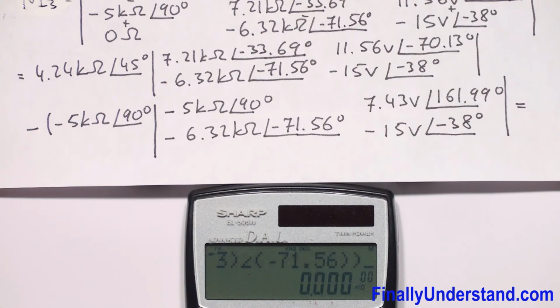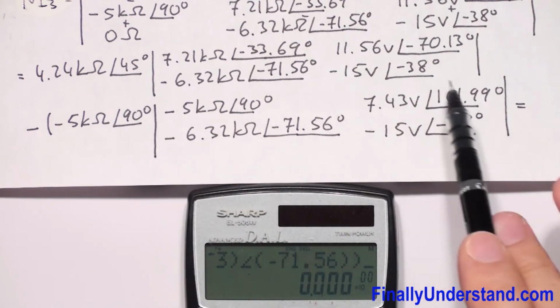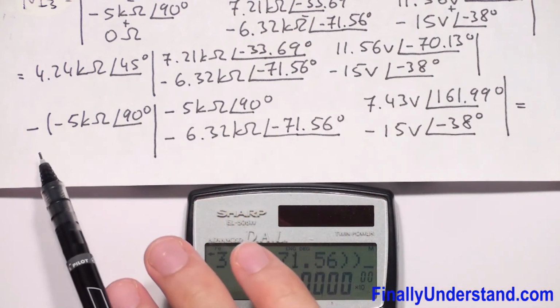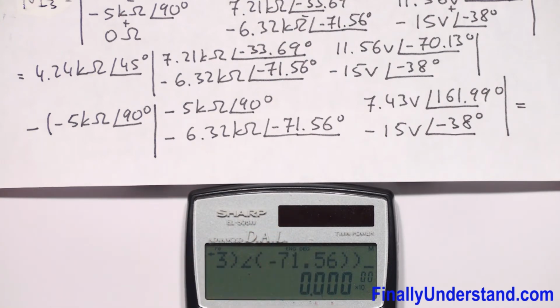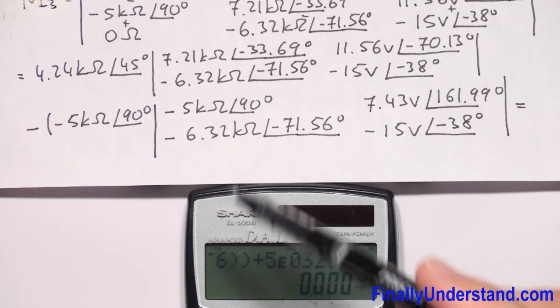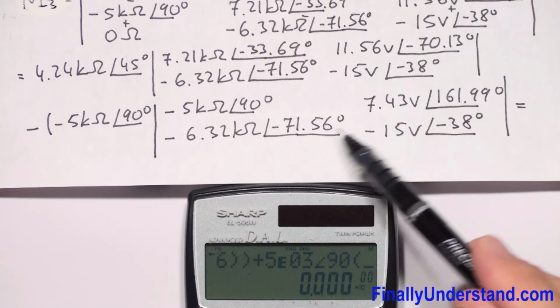Okay, close parenthesis. We've finished with the top part. Now we're supposed to simply realize that negative times negative will give me positive. So I have plus 5 exponent 3 angle of 90 degrees open parenthesis, and this times this minus this times that.